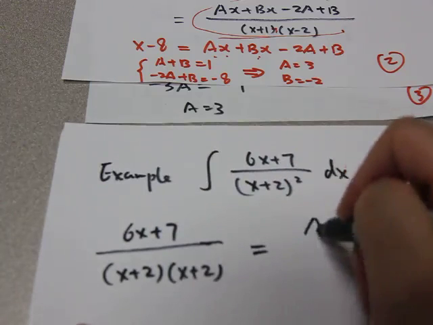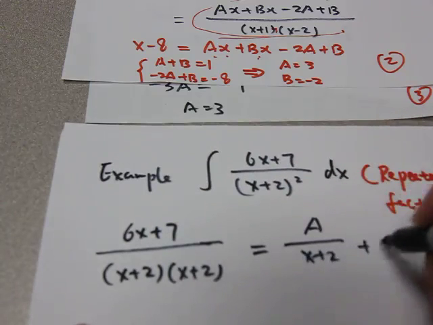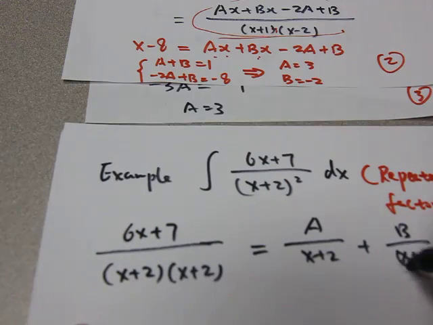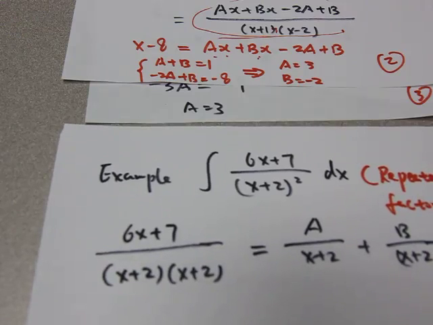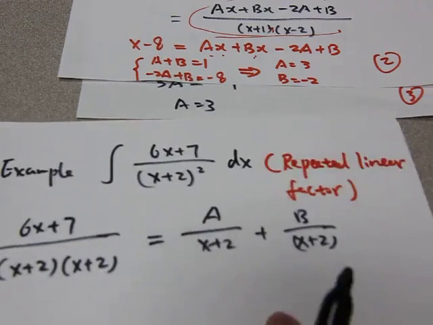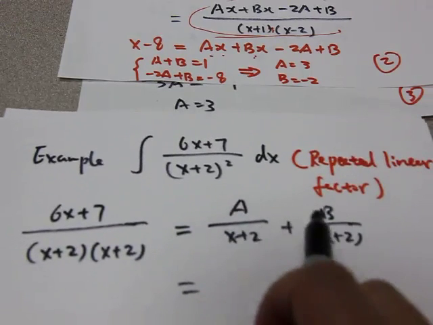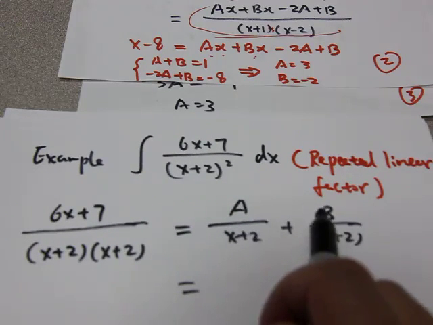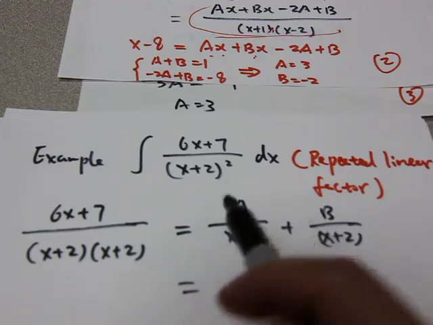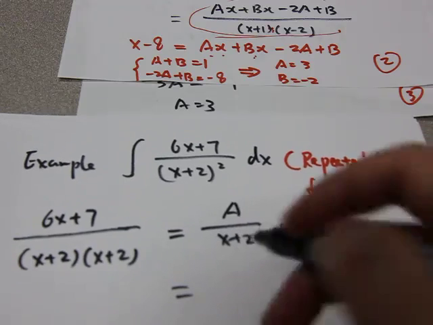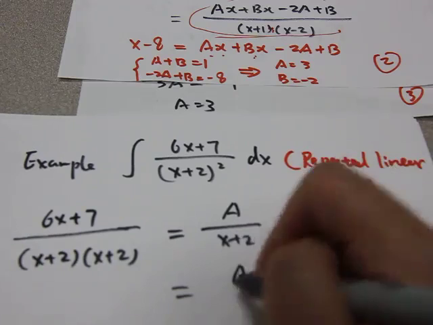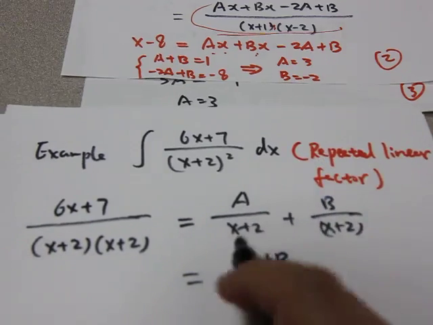Now think about if you use this pattern. Once you add the left side and the right-hand side, what will you get? You will get (A + B) over (x + 2), right?